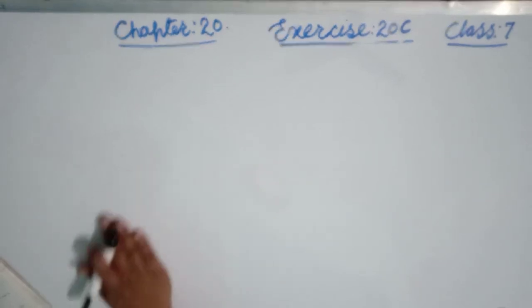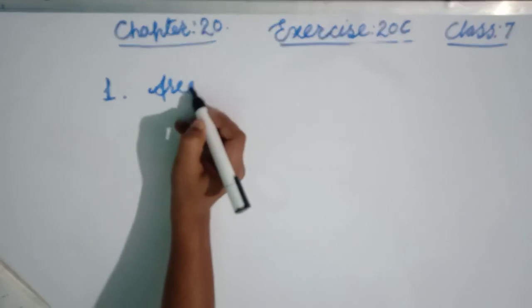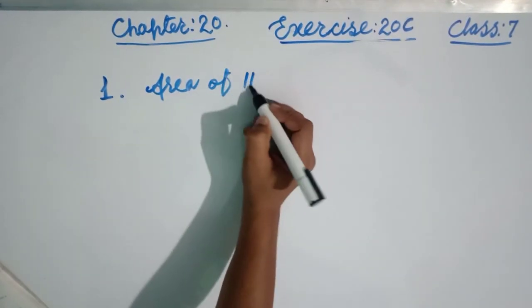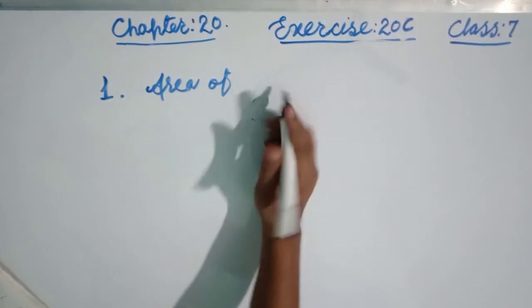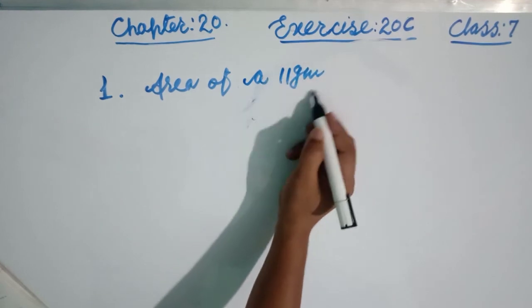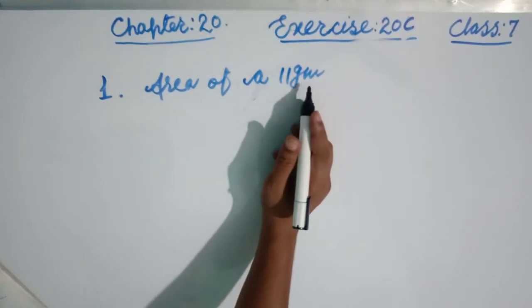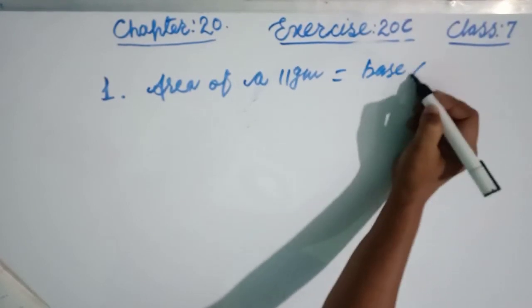The first formula, friends, is the area of a parallelogram. The area of a parallelogram, friends, is base into height.